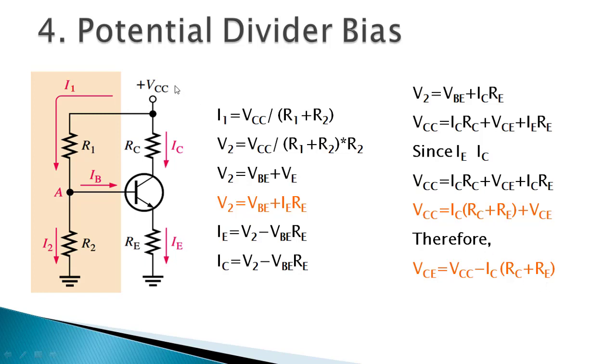Similarly, by applying KVL here, VCC is equal to IC into RC plus VCE plus IE into RE. But IC is approximately equal to IE, so we commonly take it as IC, with RC and RE inside the bracket. Using this expression we can calculate the VCE value.